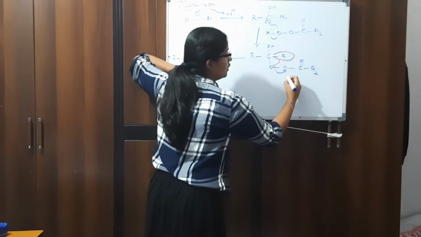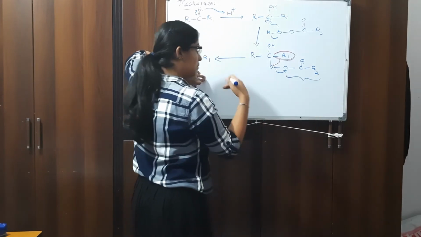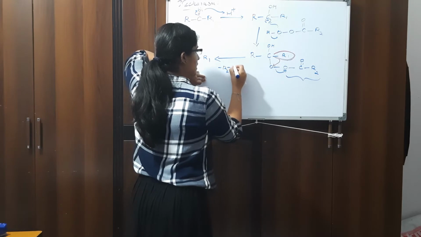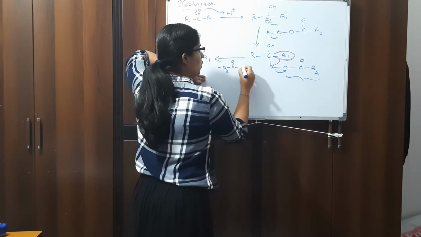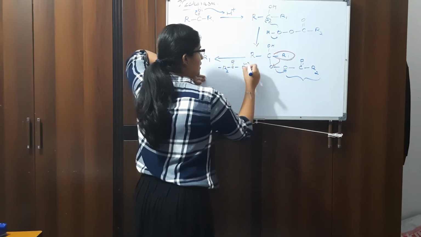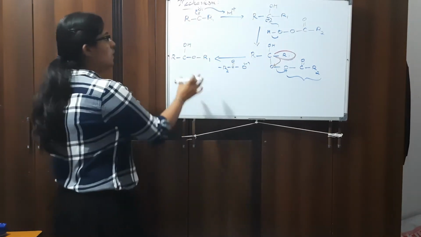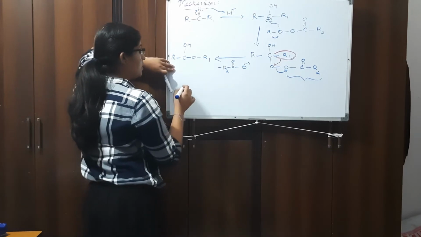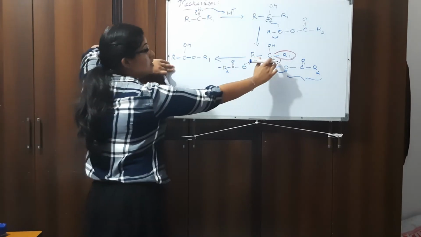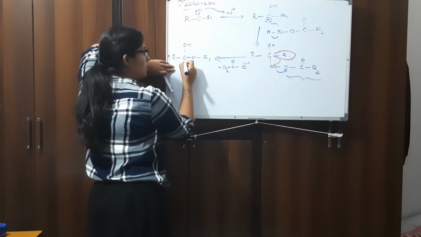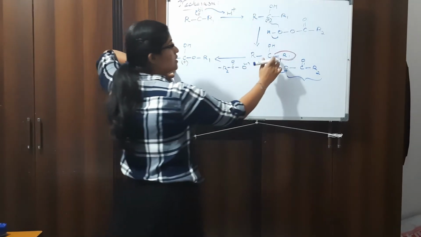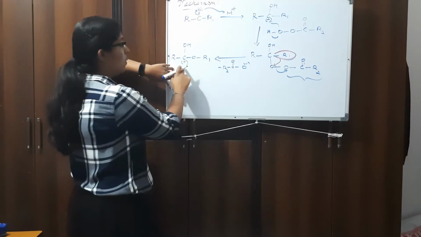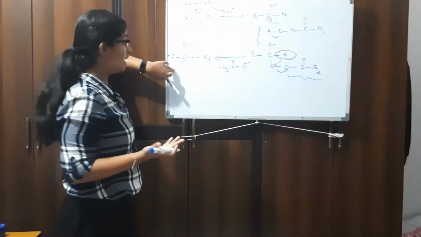This whole group has come out as minus R2 C O O, with this bond as CO minus. So this is the group that we get. Now what happens further? Because this has shifted, this carbon is now positively charged again. The group that was attached to this carbon has shifted to oxygen, so the carbon has become positive again.